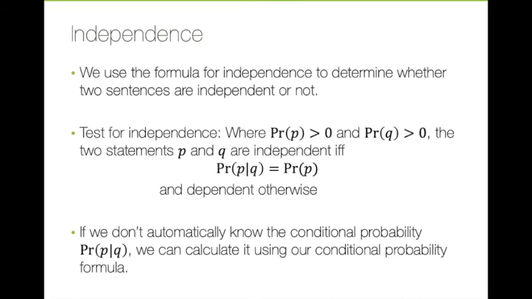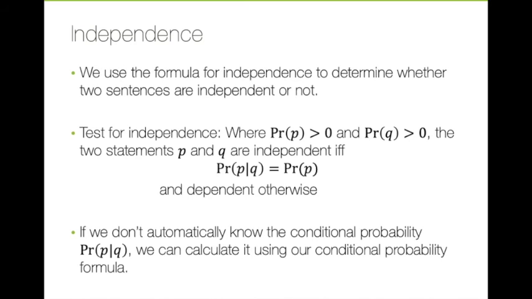For example, we know that if we roll a die twice in a row, the first roll doesn't impact the second. But we don't always know whether two sentences are independent. In that case, we can learn whether probabilities are independent by using the following test.